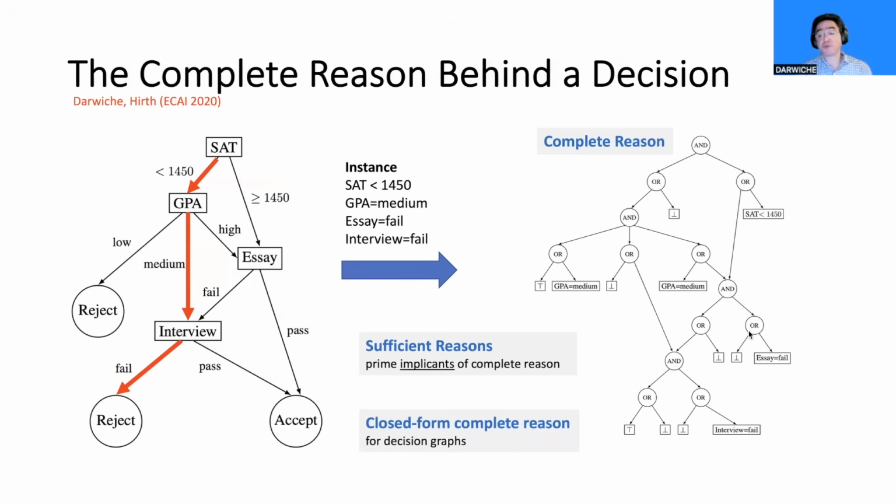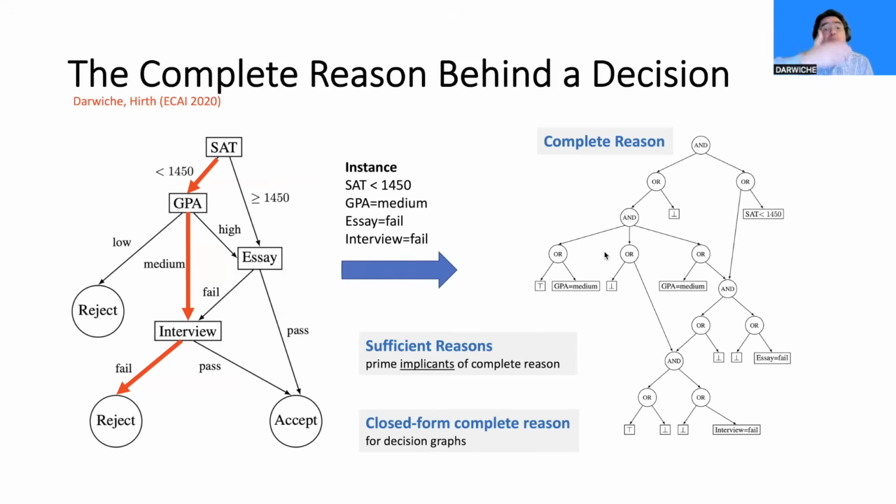Later, I'll show you how we compute this, and that's a relatively recent advance. This theory of formal explainable AI has been around for about 5 years in the form that I'm going to be discussing, and it's about maybe a year and a half that we have had a method for computing this using a new logical operator. Because of that, for decision graphs we can now obtain these complete reasons in closed form.